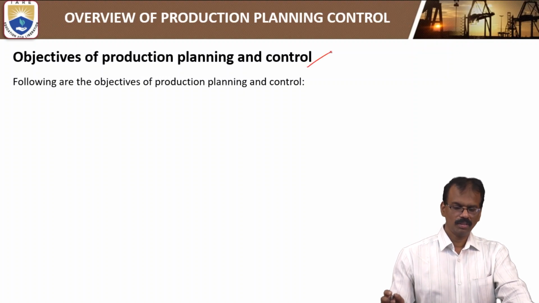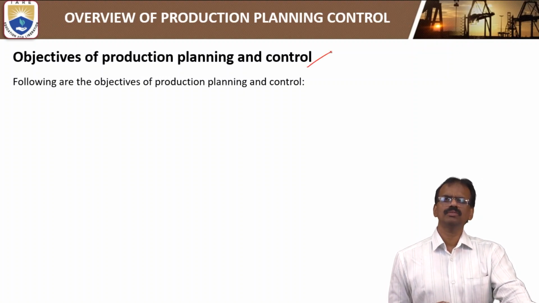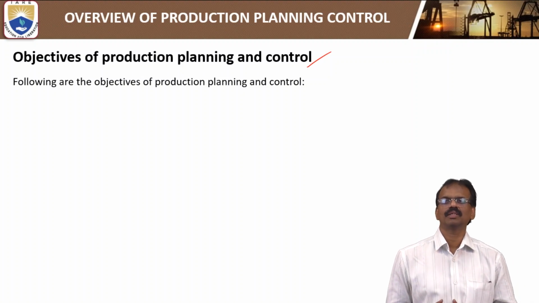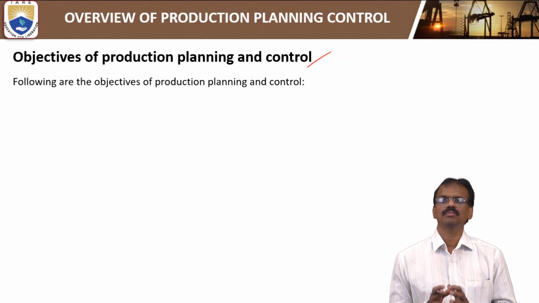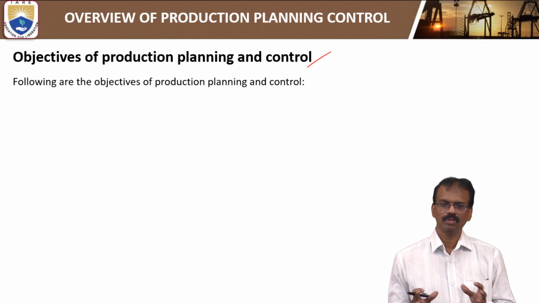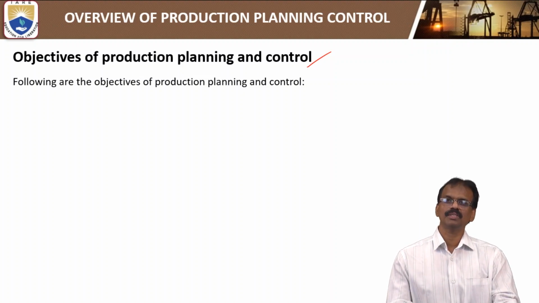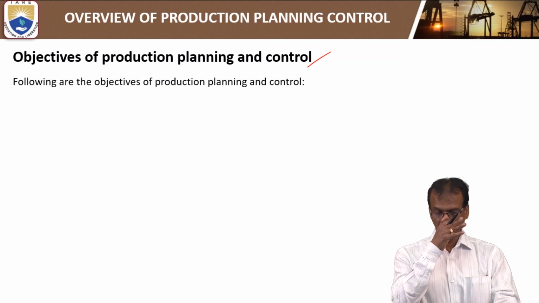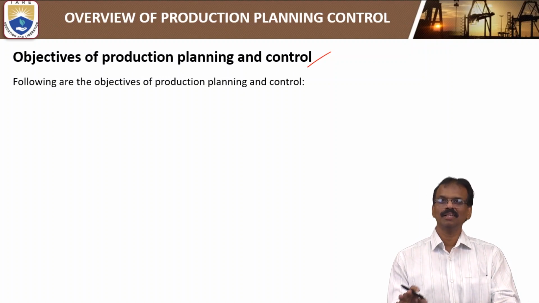Once again I want to repeat these objectives because I already covered them in the introduction. The main objective of production planning and control is to achieve good quality products, to attain the required quantity of production, and to maintain optimized cost in less time.